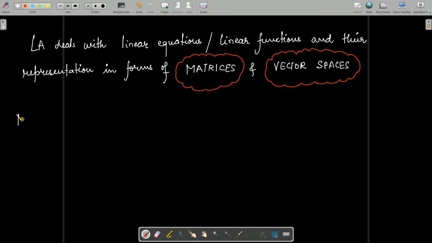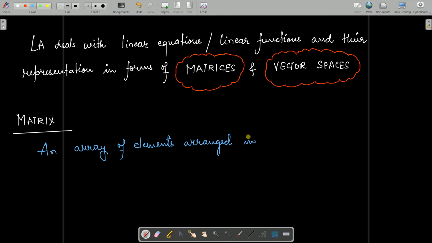So put the heading, what is a matrix? A matrix is nothing but an array of elements arranged in rows and columns.